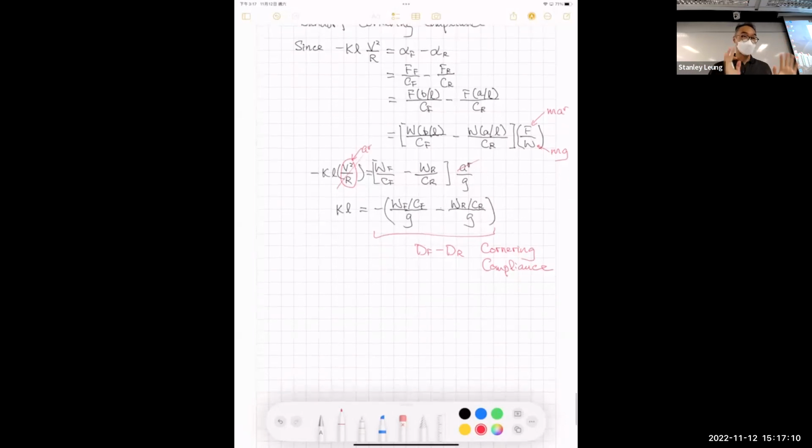So how to make use of this? How to make use of this?